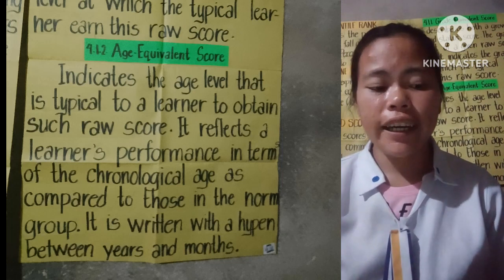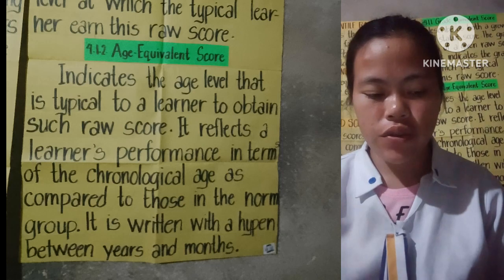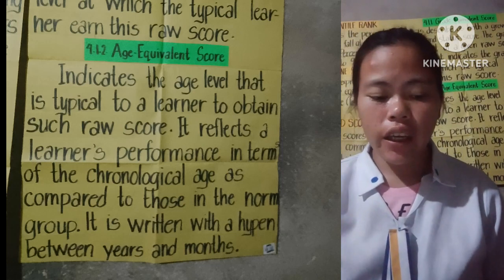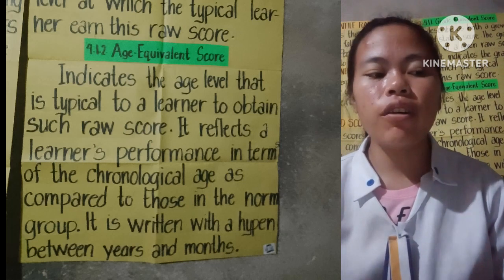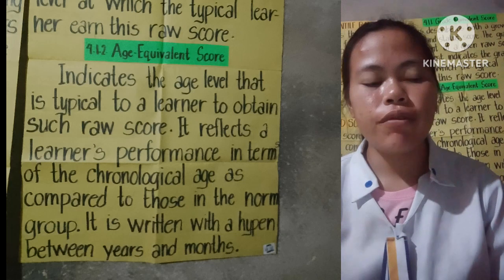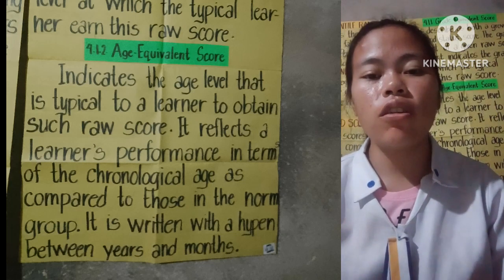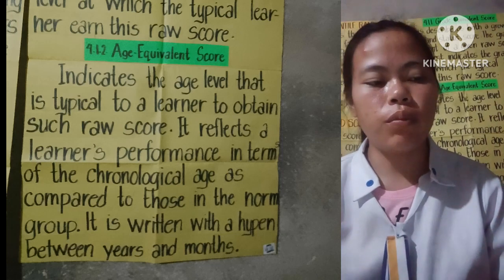So, another kind of developmental score is the age equivalent score. It indicates the age level that is typical for a learner to obtain such a raw score. It reflects a learner's performance in terms of the chronological age as compared to those in the norm group.